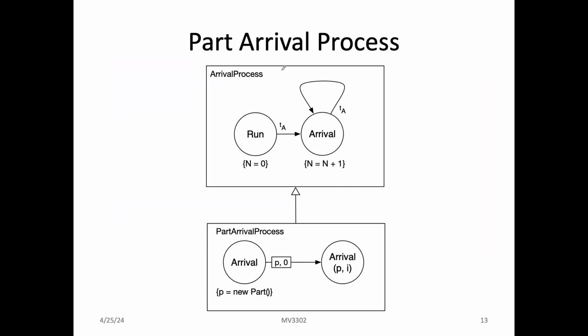And so now our part arrival process is going to be very similar. Now here, notice that the transfer line is going to handle the processing times now, not the part. We could have done that. I mean, I have a model that does that, but I wanted to keep it as simple as possible.